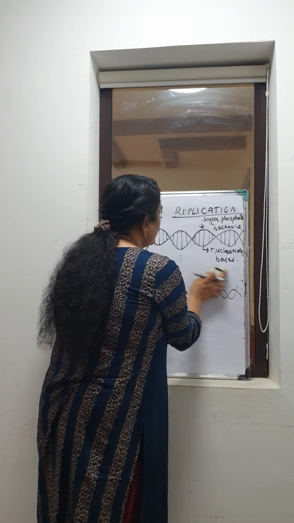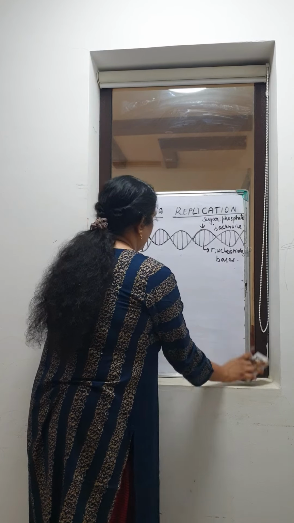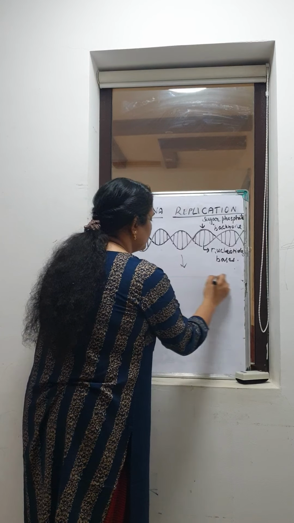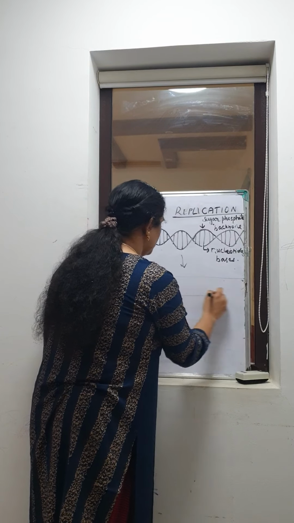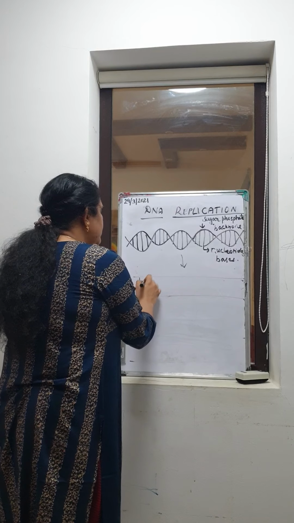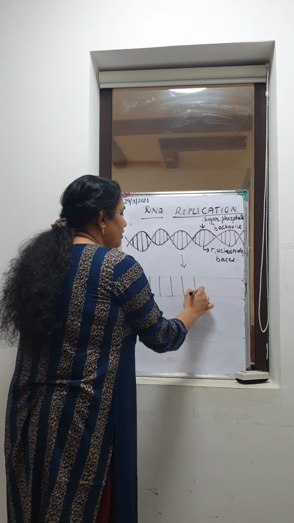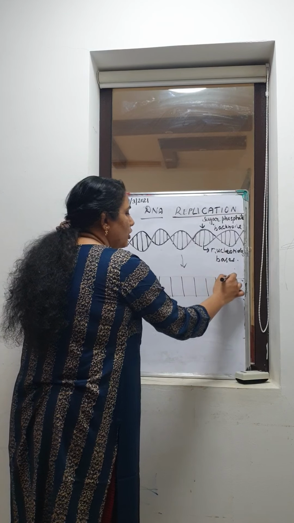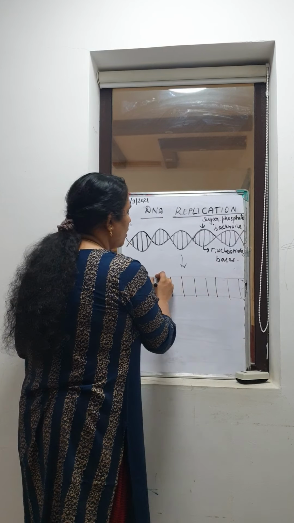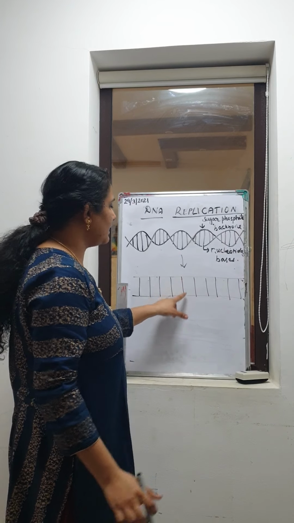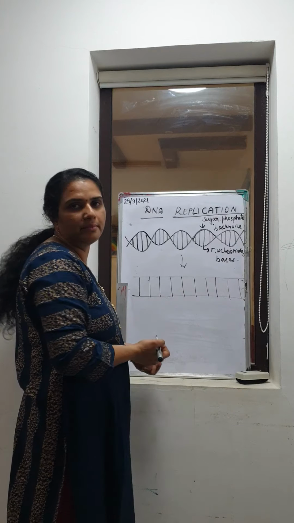I'm just redrawing this into another structure for better understanding, which is called the single ladder structure of the DNA molecule. Here, the outer line is the sugar phosphate backbone and the inner lines are the nucleotide bases.